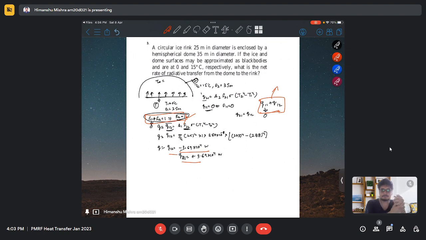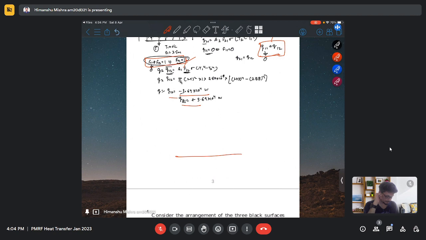But you have written, sir, Q11 plus Q12 equal to 0. This is not because of the summation rule. It is just, I have given the two surfaces here.